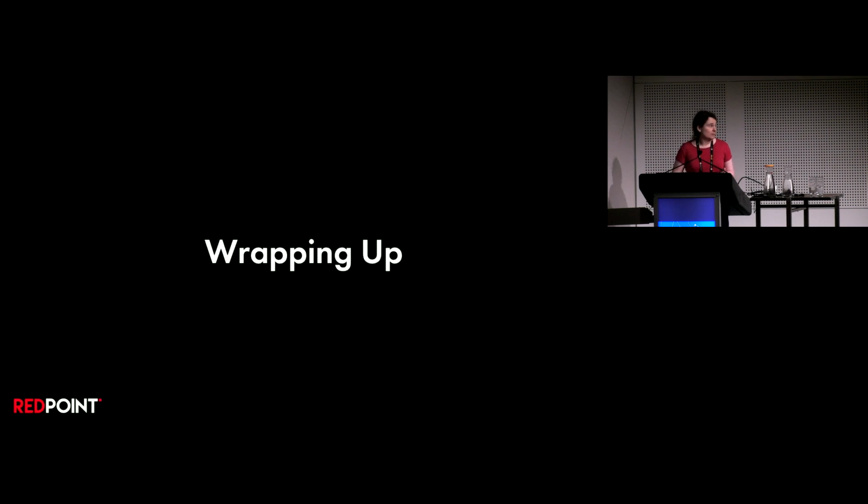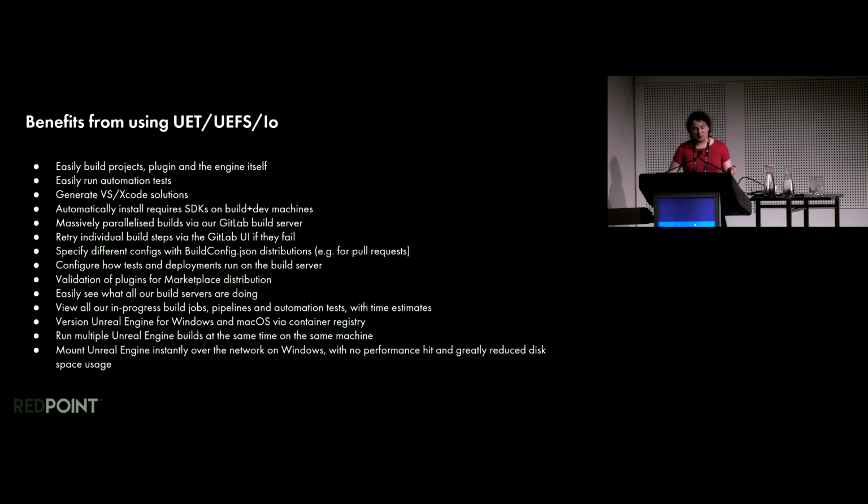Cool. Wrapping up. I apologize if I talked a little fast. Our benefits now from using all of this: we can easily build projects, plugins, and the engine itself. We can easily run our automation tests from the command line, generate Visual Studio projects and solutions, and install all the required SDKs. We get parallel builds through GitLab. We can set up more complex deployments with build config.json.